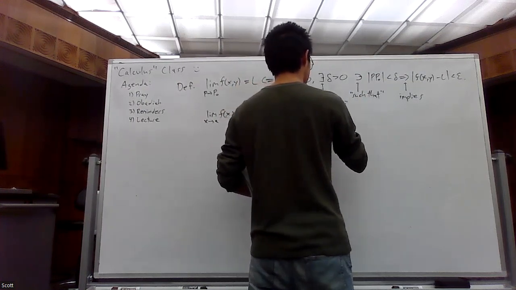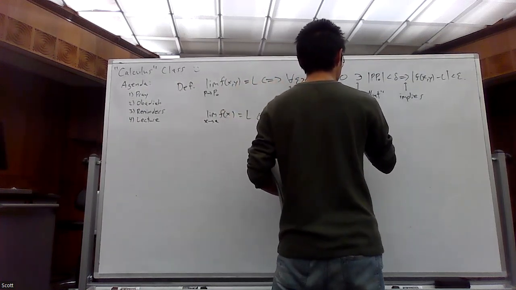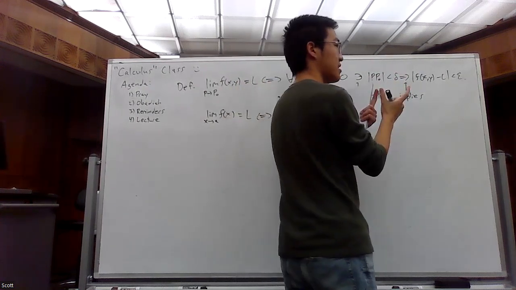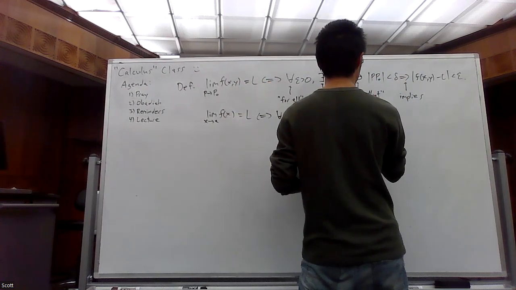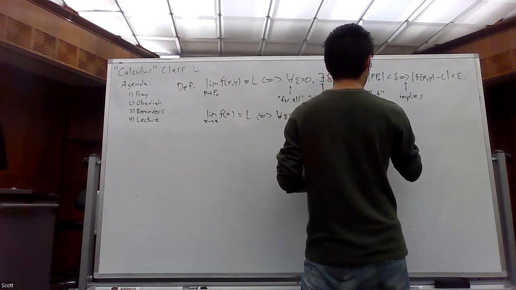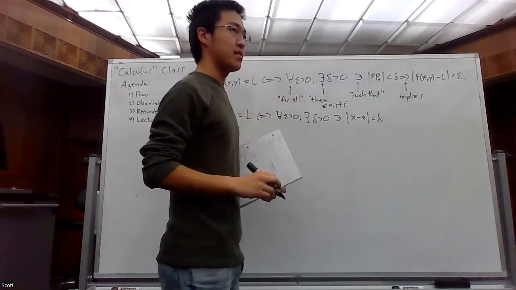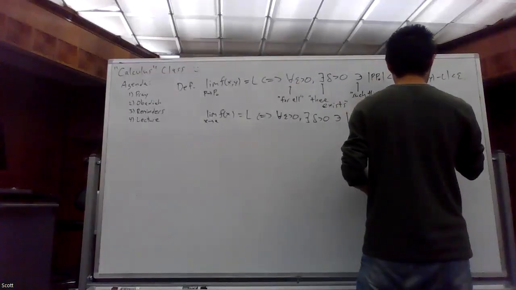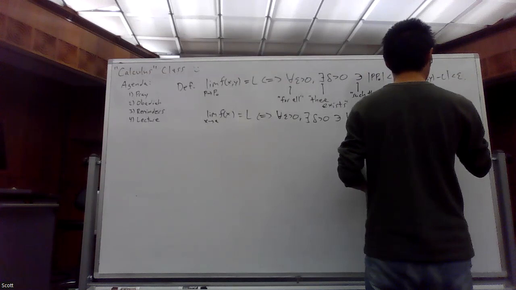There's going to exist a delta greater than 0 such that instead of the norm, we take a norm on the metric topology of the real line: x minus a less than delta. That's the difference on the x-axis, and that gives you your difference of f of x minus L.